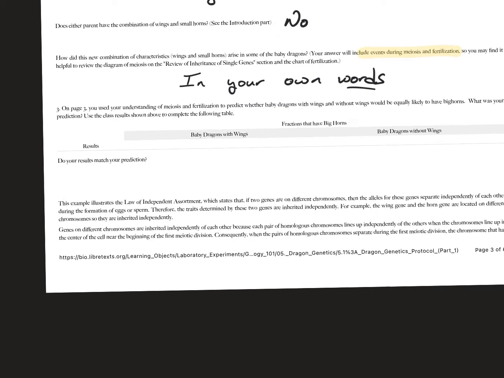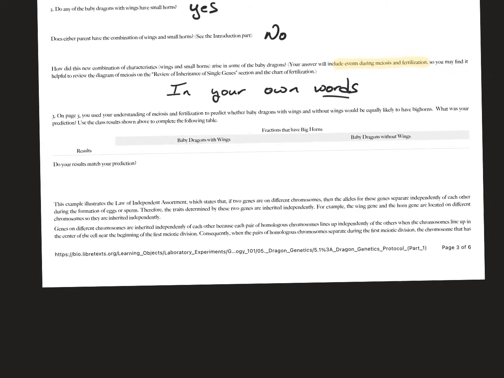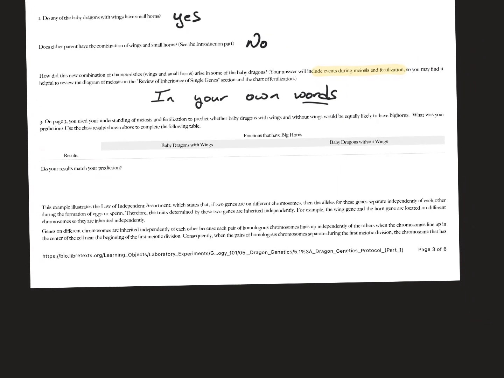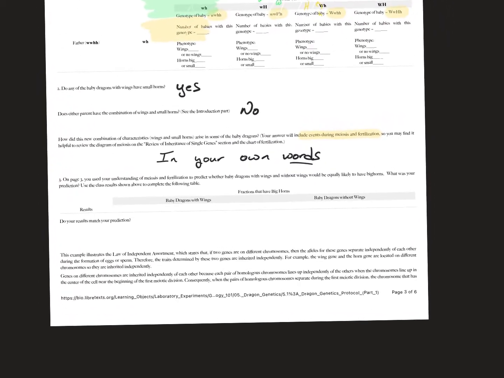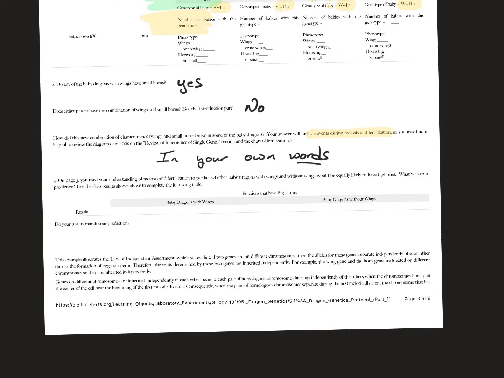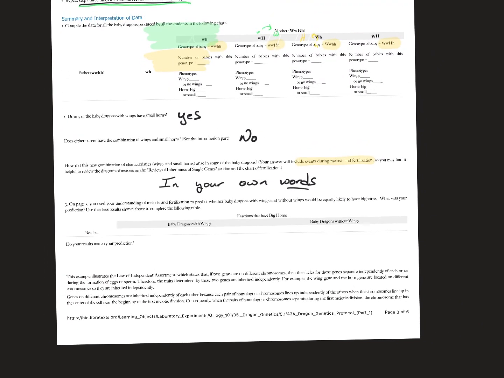All right, so on page 3, you'll need the understanding of meiosis and fertilization to predict whether baby dragons with wings and without wings would be equally likely to have big horns. Are they equally likely to have big horns? You had to do that on page 3, correct?